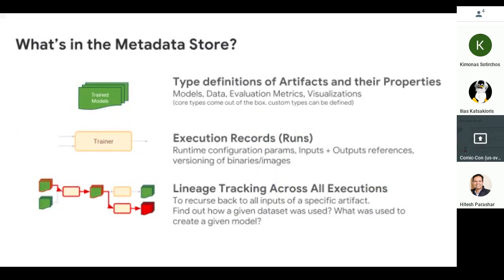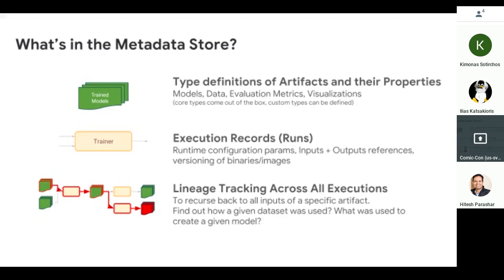The things that are being logged into the store today are the executables, essentially every step in the pipeline. Then all the artifacts that are produced by the steps are also being logged.